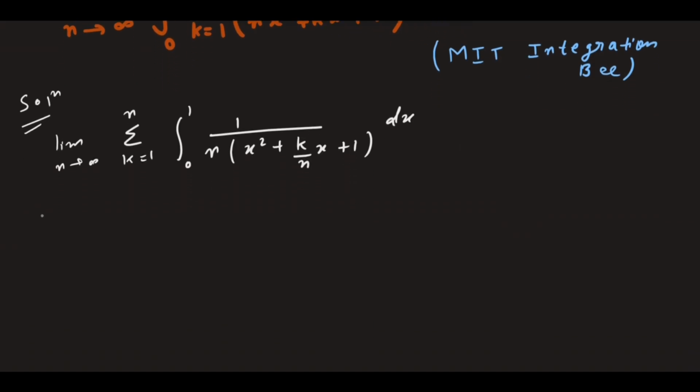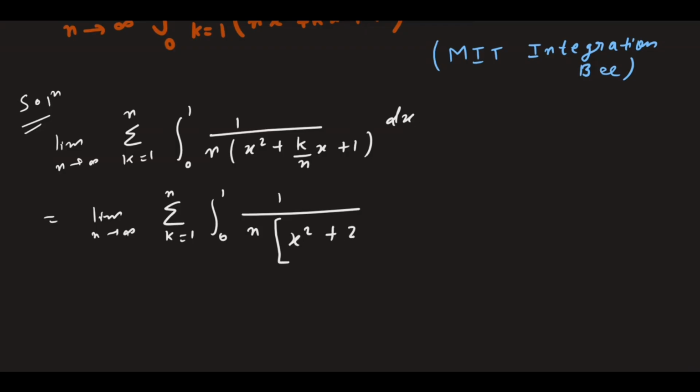Now I can write it as limit n goes to infinity summation k varies from 1 to n of integral 0 to 1 of 1 by n times. Here I will try to complete the square. So I will have x square plus 2 times k by 2n times x.